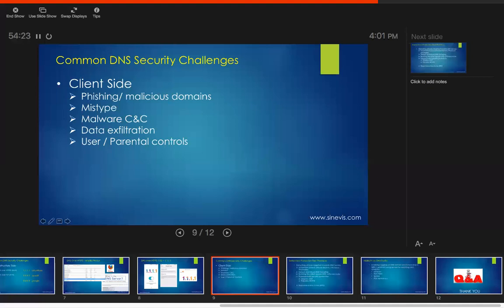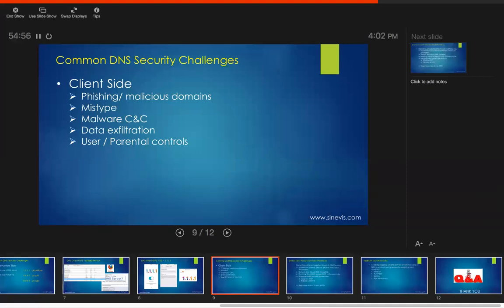We need to focus on securing DNS by doing monitoring, logging, creating use cases specific to DNS, as well as including DNS in our assessments, because we focus on application security, network security, server security, but we missed this DNS security part. I hope this session is useful to everyone, and we are going to focus more on DNS security.